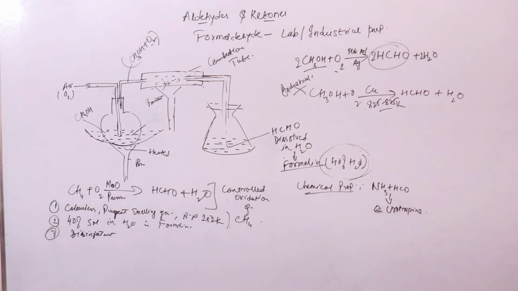And there are some polymerization reactions of formaldehyde, where it forms paraformaldehyde when the aqueous solution of formaldehyde is evaporated to dryness. When formaldehyde solution is treated with concentrated sulfuric acid, it polymerizes to polyoxymethylene. And when formaldehyde gas is allowed to stand at room temperature, 3 molecules polymerize to form metaformaldehyde.